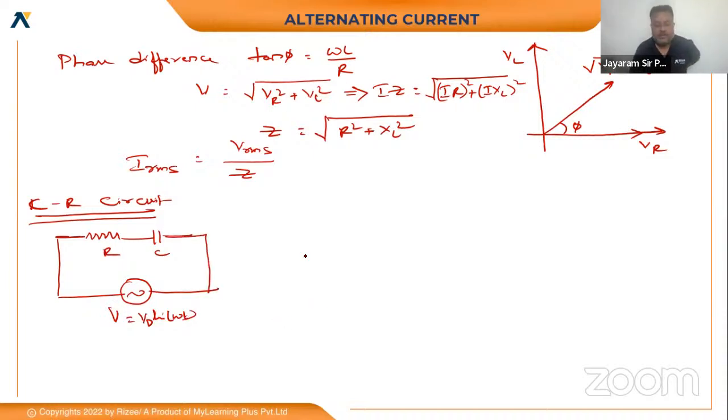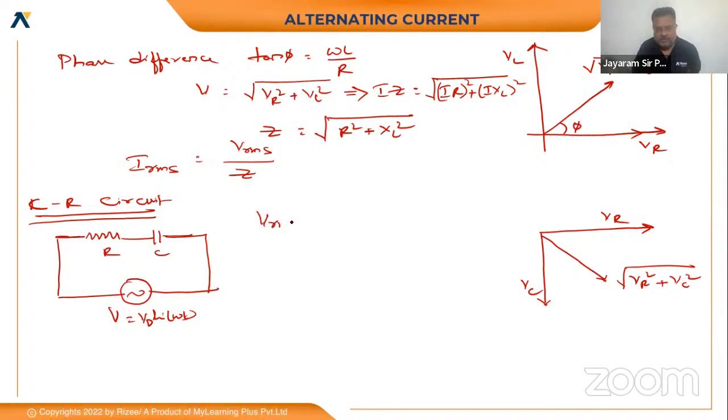Since this is the relation, the phasor diagram for this one will look like this. This will be the VR direction along the positive x-axis, and this will be your VC. This is going to be your resultant, root over VR square plus VC square. Based upon this, VRMS is equal to root over VR square plus VC square, and from this, Z is the impedance.